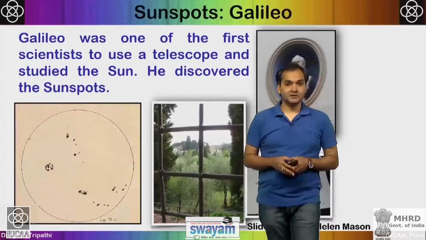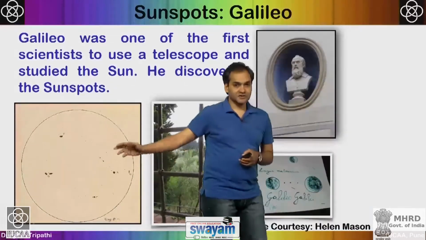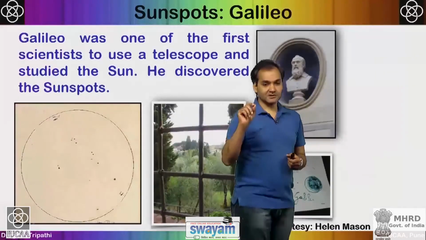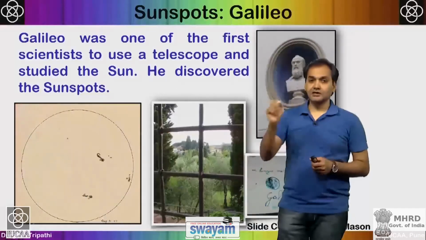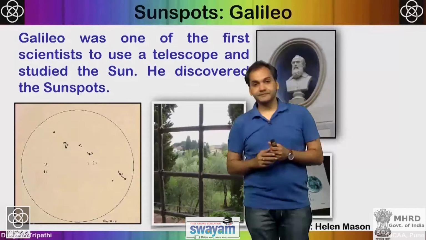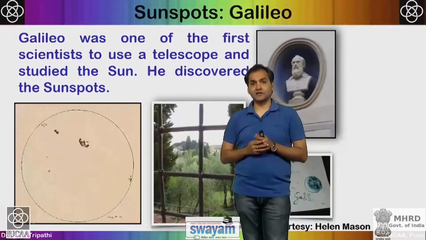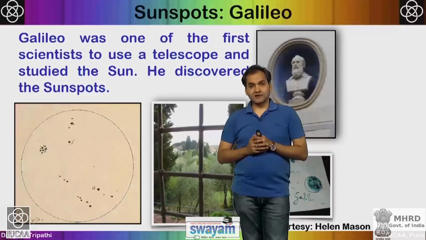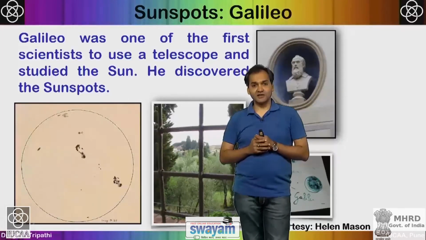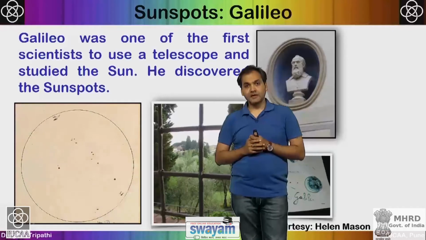What he found first of all was that the sun was rotating, because he looked at different spots and could track them, and he found that those spots were moving.